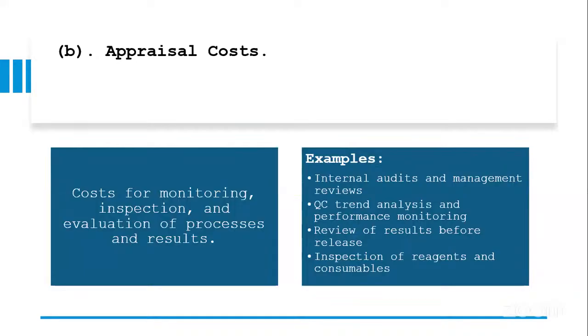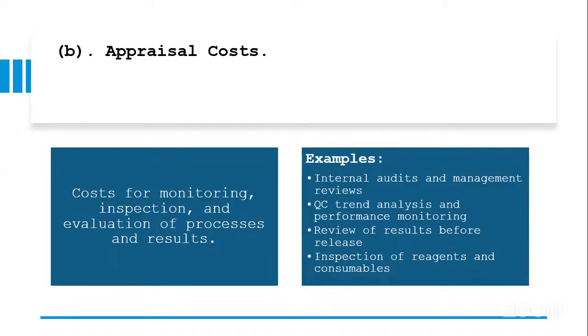Then number two, we have what we call appraisal costs. Appraisal costs are costs that we incur when we are monitoring, inspecting, and evaluating the processes and results. In short, these are monitoring costs, inspection costs, or evaluation costs.